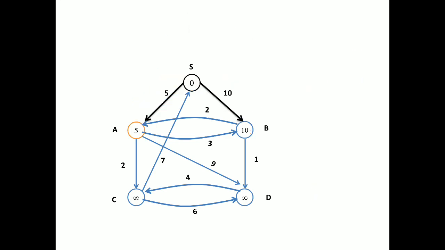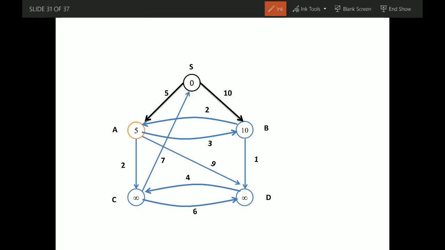You can see in this figure we have shown the updated shortest path estimates for vertices A and B. Also we have highlighted these edges to mention that the predecessor of A, so A dot pi is S, and B dot pi is S.